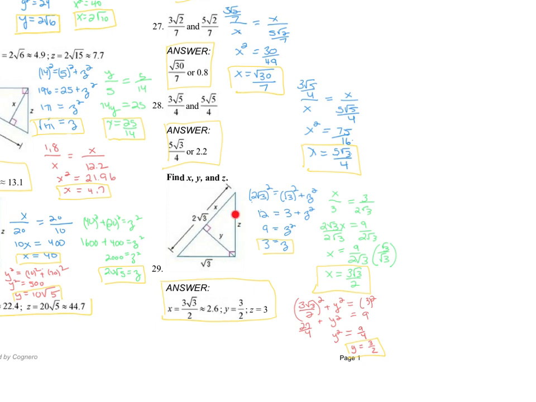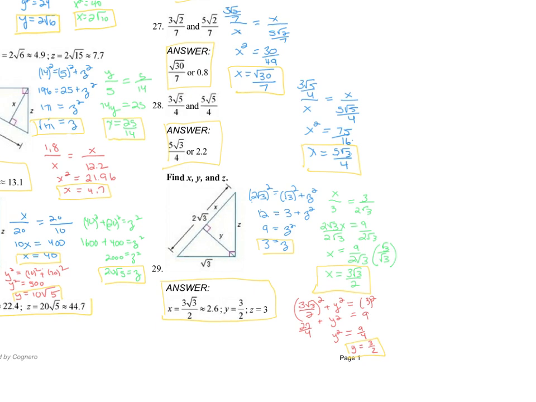So I can find out that z is 3. Okay. Once I know that z is 3 right here, what I have is a geometric mean leg. And so the 3 is going to go there, and then I'm going to have x, and then 2 times the square root of 3.